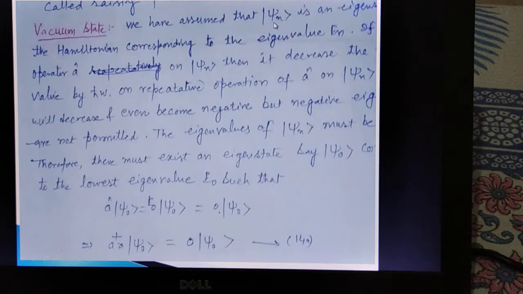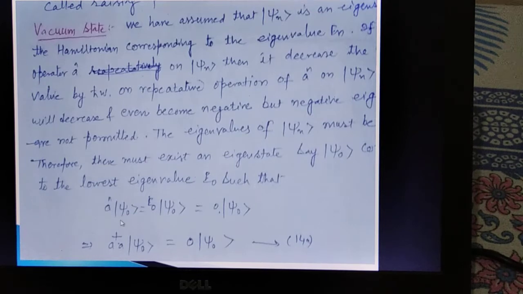The eigenvalues for an observable, or for the simple harmonic oscillator, should be positive. So there must exist an eigenstate psi 0 for which the energy is lowest, say E0.